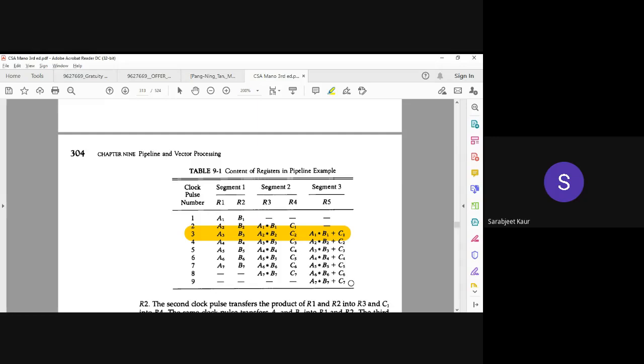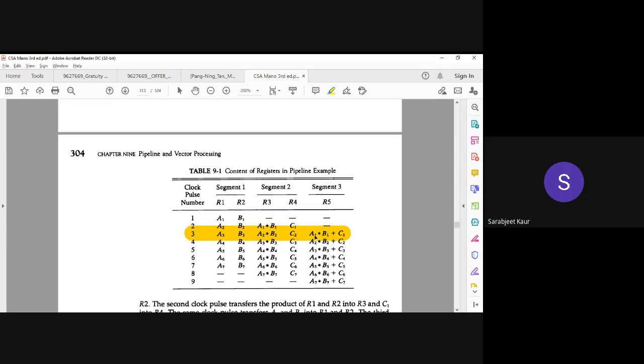Otherwise, if one segment took 1 second, then I would have had to wait 1, 2, 3 seconds for the second one to start. Then 1, 2, 3 seconds for the third one to start, right? So after 6 seconds, we would have just begun with the third one.